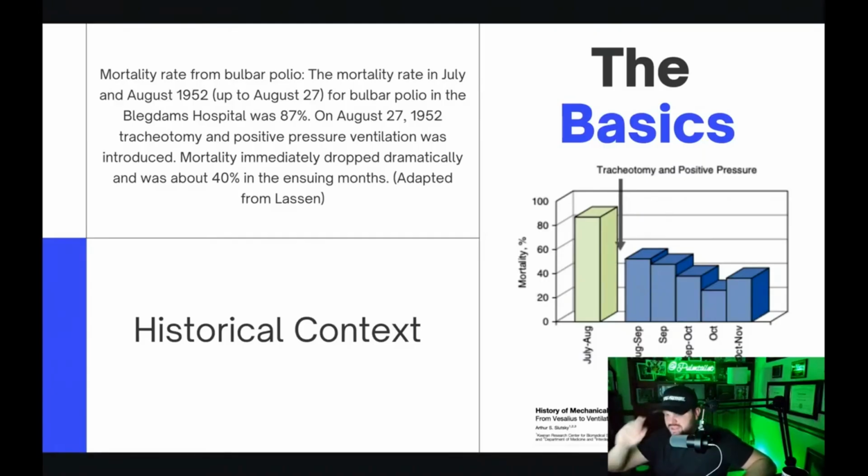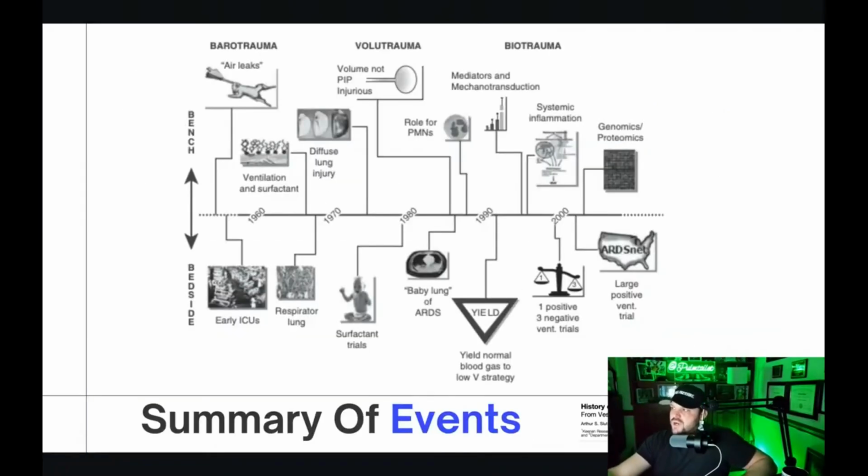It cut the mortality rate from like 80% to like 30% overnight. It's a really massive breakthrough that has a lot of historical context to it. If you ever get a chance to watch any lectures on it or read the book, it's super interesting.